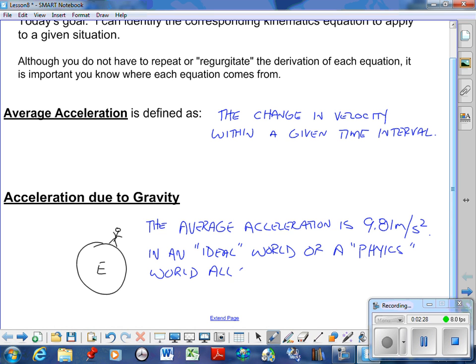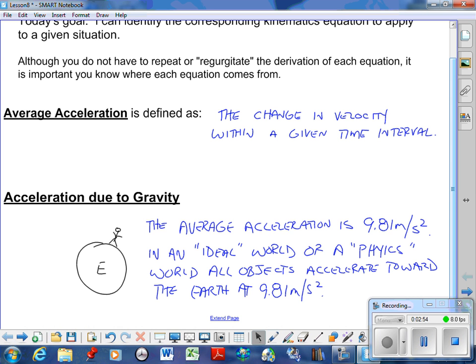all objects accelerate toward the Earth at 9.81 meters per second squared. Now, in an ideal world, we assume that we're kind of living in a vacuum where there's nothing affecting gravity.